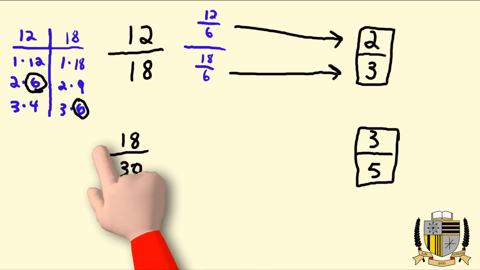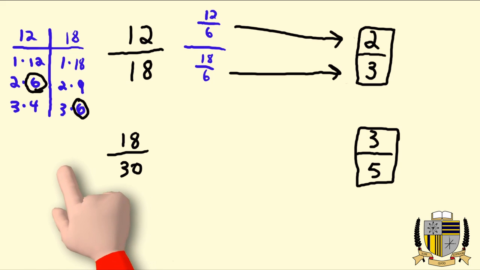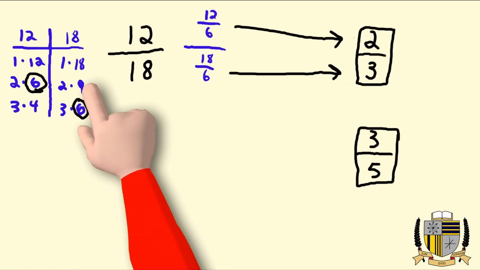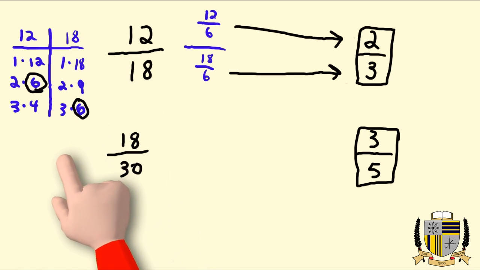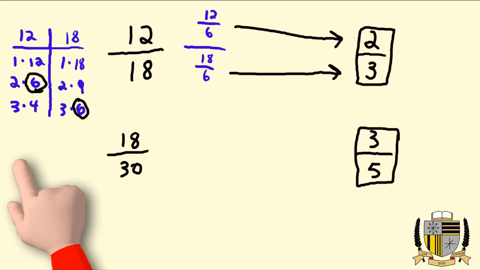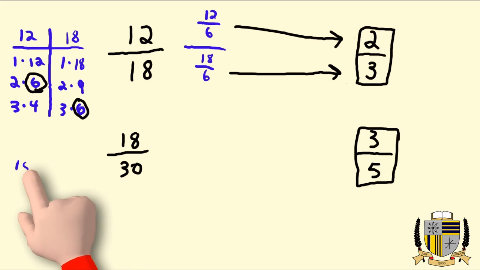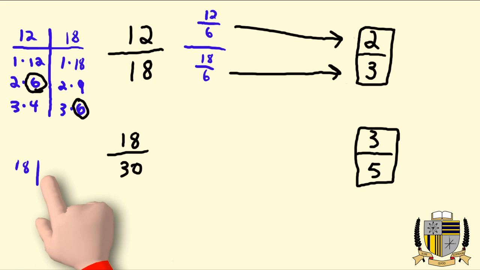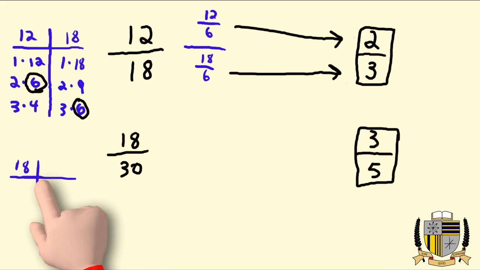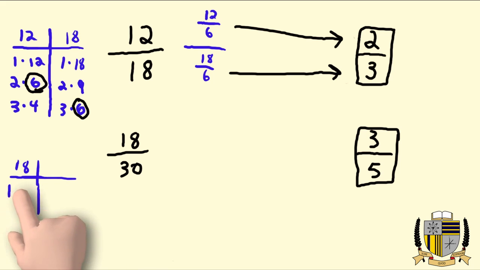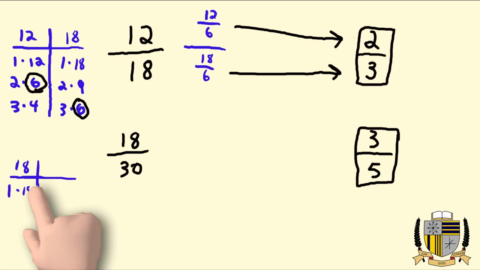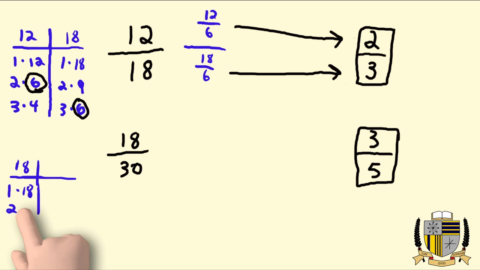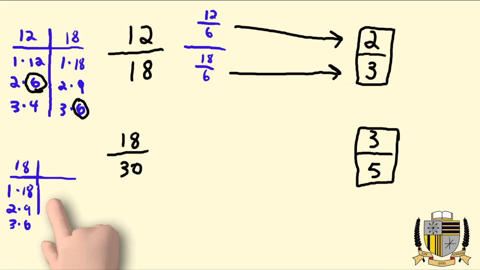Down here we have a 18 and a 30. We still have the 18 here, so I'm going to recopy this 18. So the factors of 18 are 1 and 18, 2 and 9, 3 and 6.